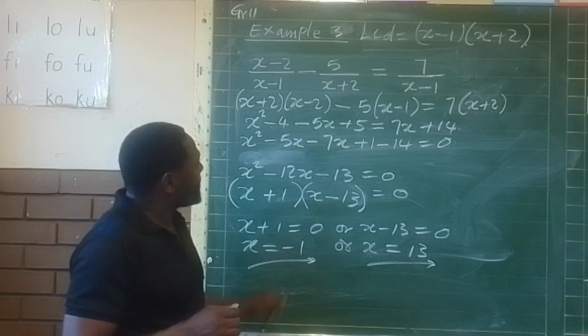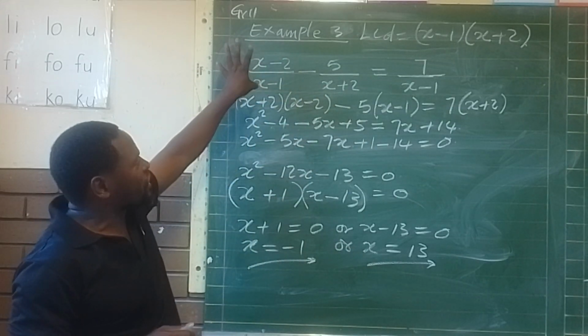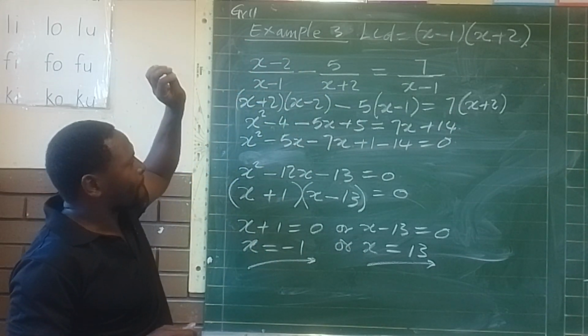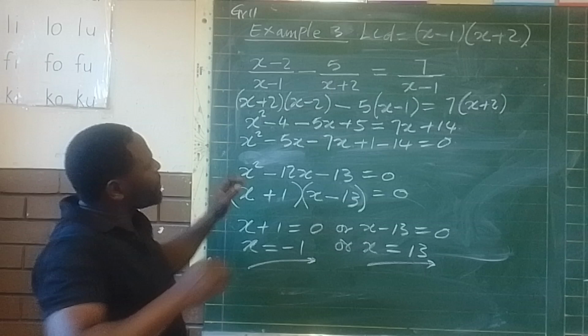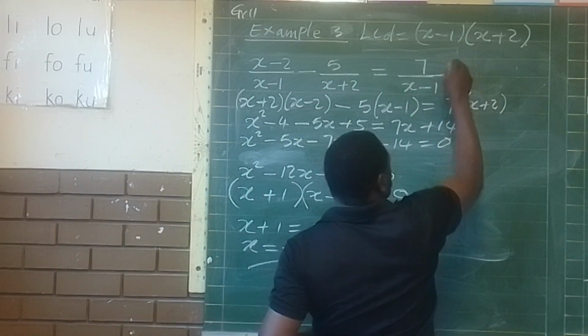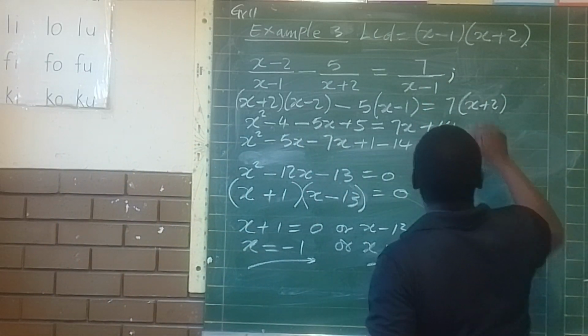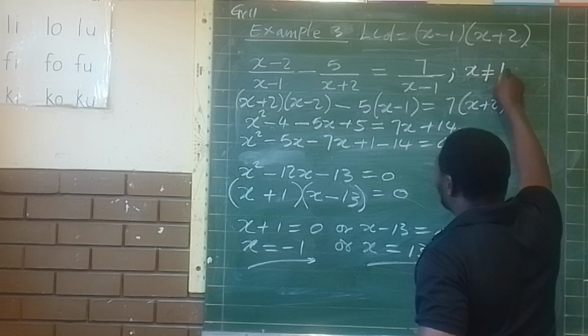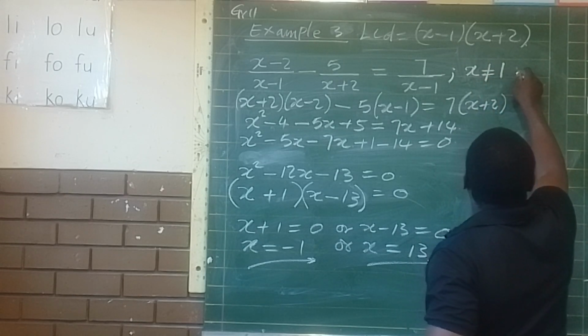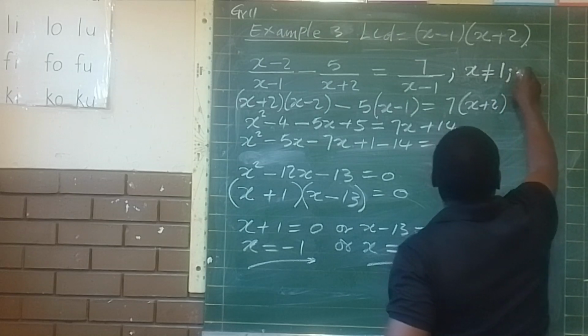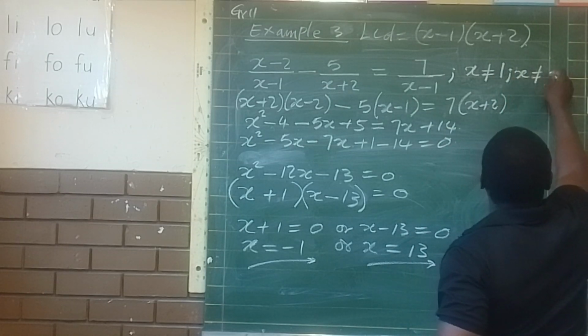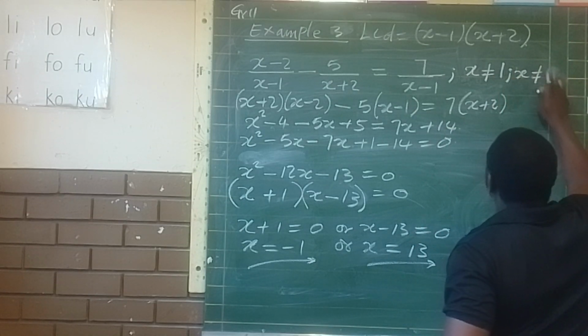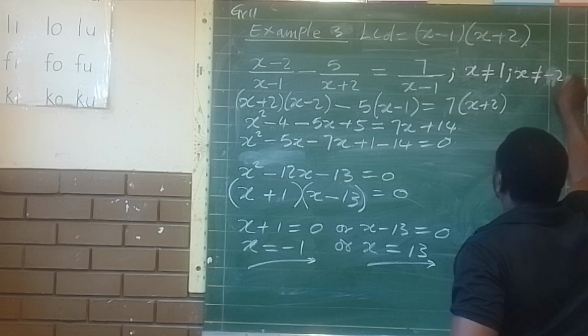Right. There is something that I did not mention here. There is a restriction. The restriction here is x must never be equal to 1. x must never be equal to minus 2.